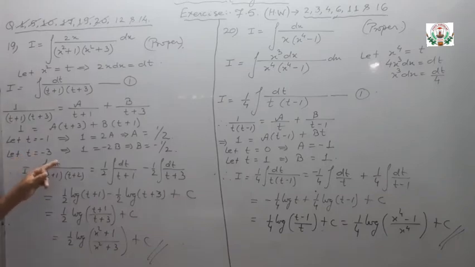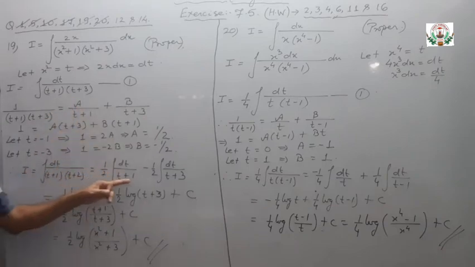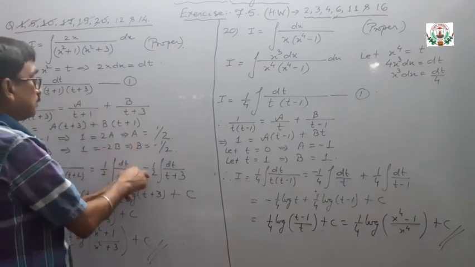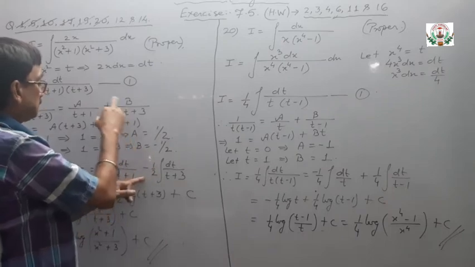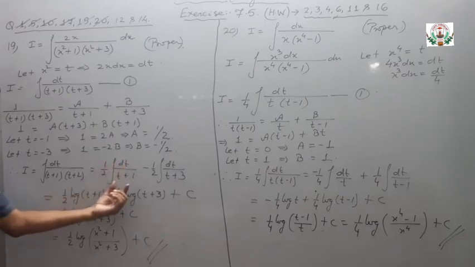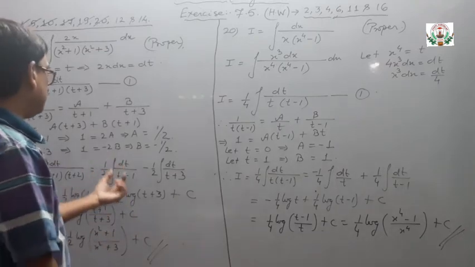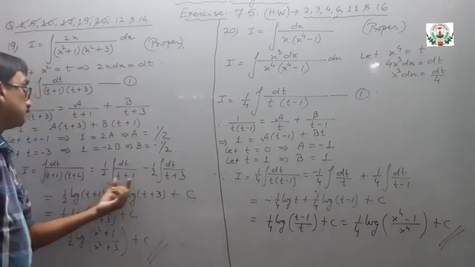So integration of dt upon (t plus 1)(t plus 3) will be equal to, the value of a is 1 by 2, dt upon (t plus 1), and the value of b is minus 1 by 2, and integration dt upon (t plus 3). So 1 by 2 dt by (t plus 1): if we take t plus 1 as u, dt will become du by u, which gives log u, and u is our t plus 1.